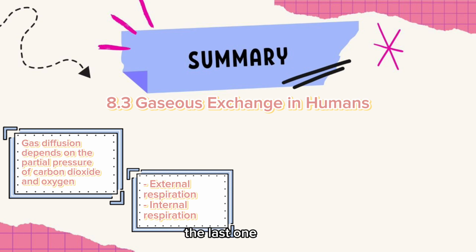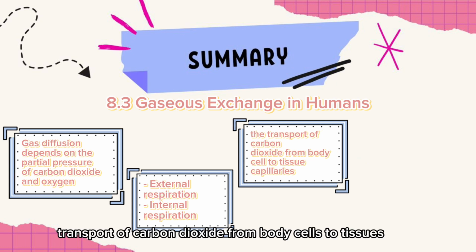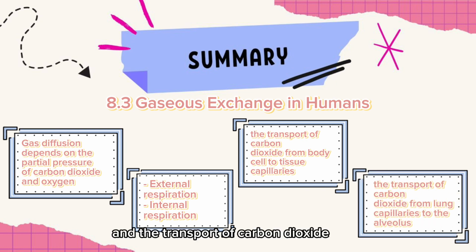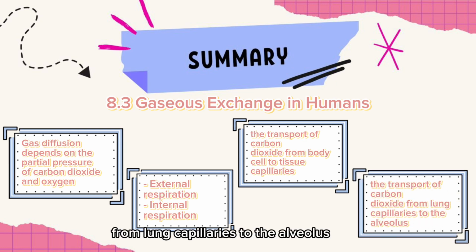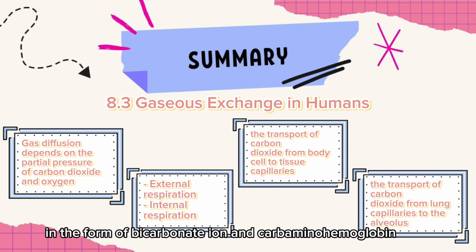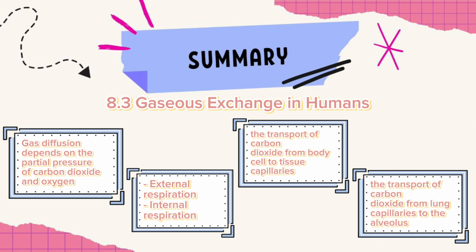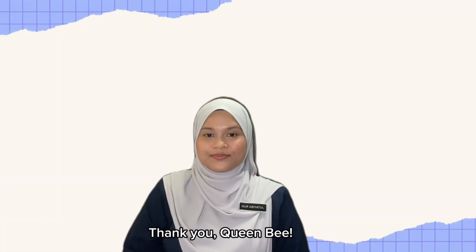The last one, we learned about the transport of carbon dioxide from body cells to tissue capillaries and the transport of carbon dioxide from lung capillaries to the alveolus. Through this lesson, we know that oxygen is transported in the form of oxyhemoglobin, while carbon dioxide is transported in the form of bicarbonate ion, carbaminohemoglobin and carbonic acid.